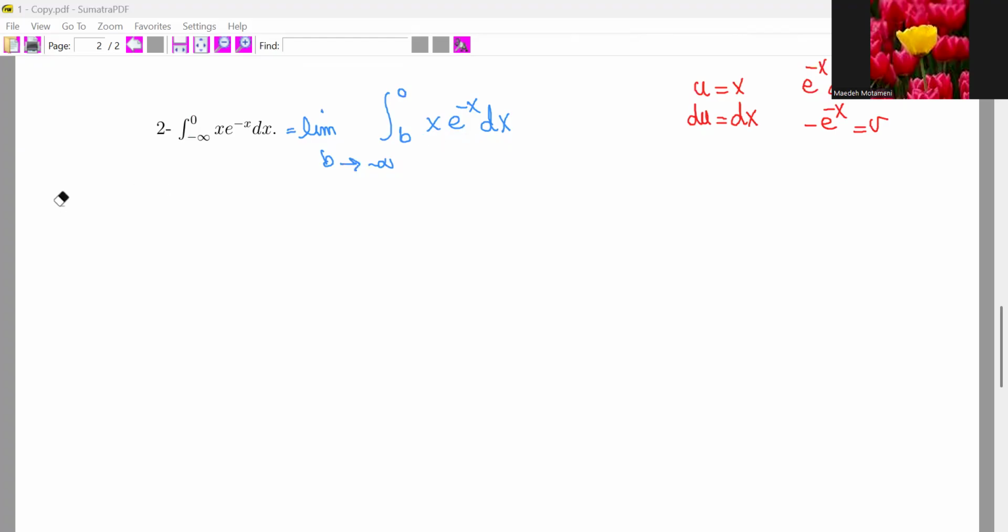So we would have the limit as b approaches negative infinity, and the integral using integration by parts will be u times v, which is negative x e to the negative x from b to 0, minus the integral from b to 0 of v du, which is negative e to the negative x dx.